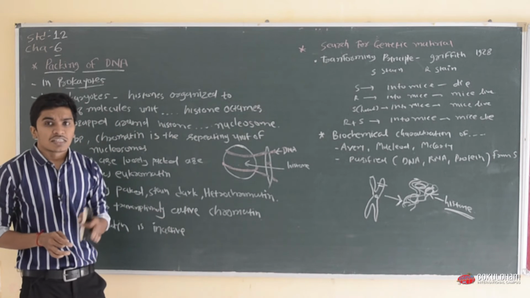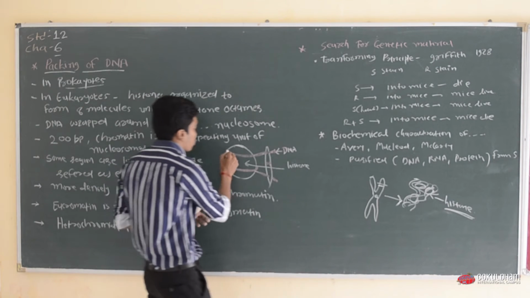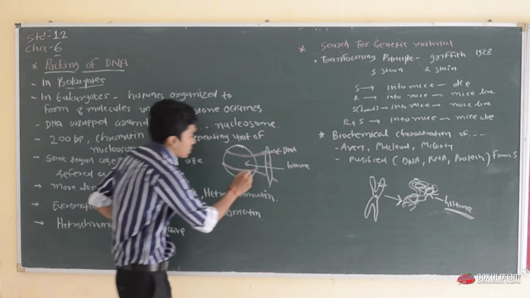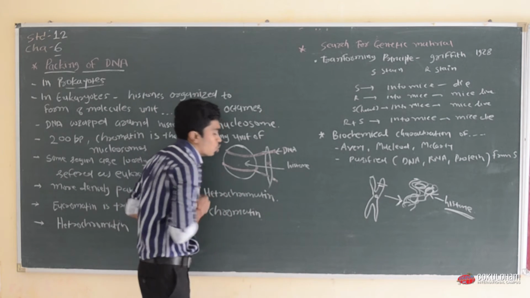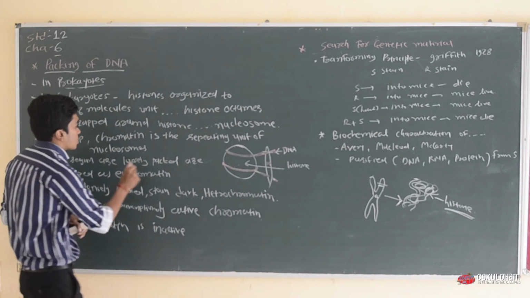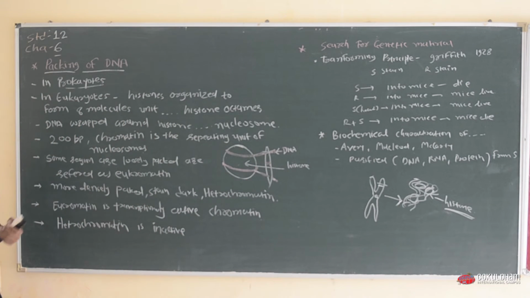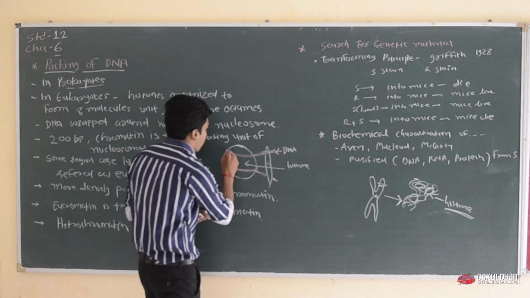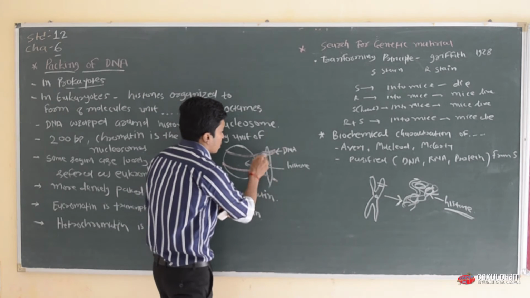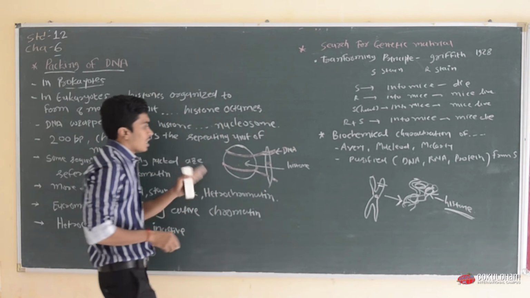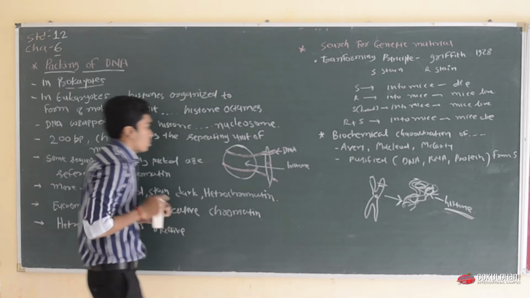And when the DNA is wrapped around this histone octamer, this structure is known as the nucleosome. What is a nucleosome? When DNA is wrapped around the histone octamer, it is known as a nucleosome.